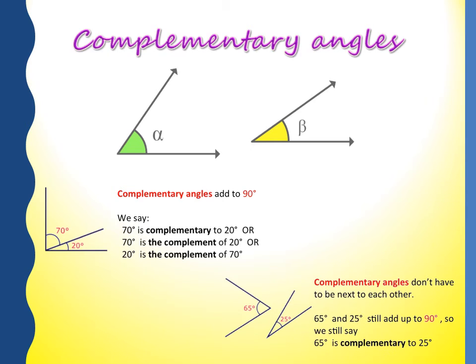Also, middle one, we have to know that complementary angles are not necessarily adjacent to each other, like this figure, which may be not adjacent and also complementary since their sum is 90 degrees. Like these two angles, one of them 65 degrees and the second 25 degrees, their sum equals 90 degrees, so these two angles are complementary.